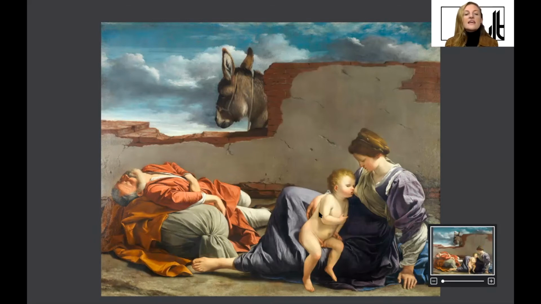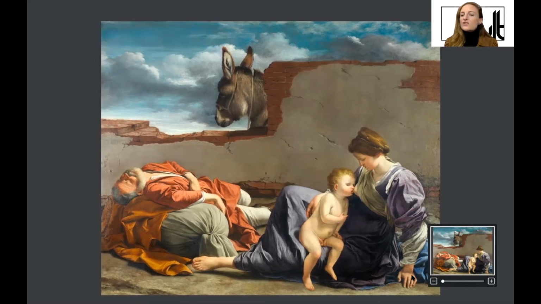And we can see the very theatrical setup here of the figures. You have these very strong shadows cast beneath the foot of the Virgin here, with the jacket of Joseph, you can see, and also just this gentle wash of shadow across the hand of the Virgin.